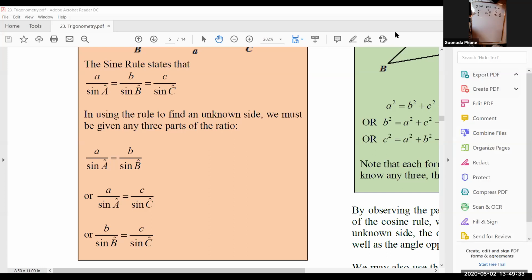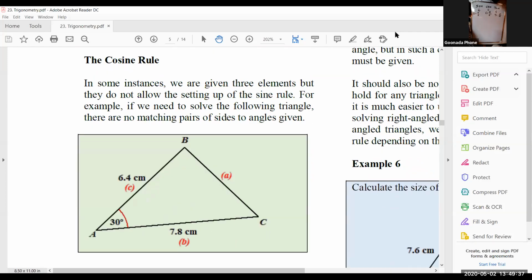All right. Let's look at the cosine rule now. In some instances, we are given three elements, but they do not allow us the setting up of the sine rule. For example, if we need to solve the following triangle, there are no matching pairs of sides to angles given.